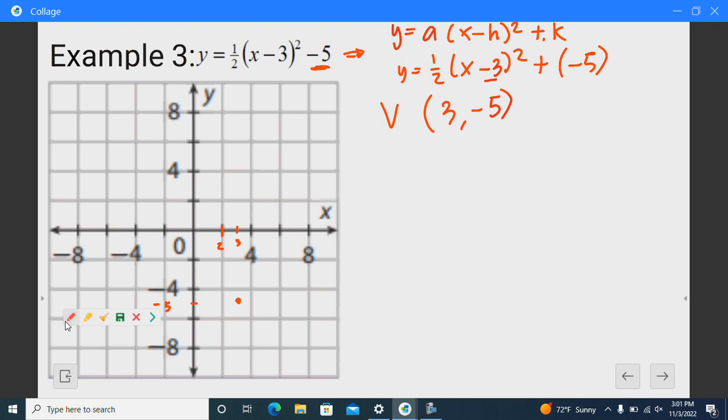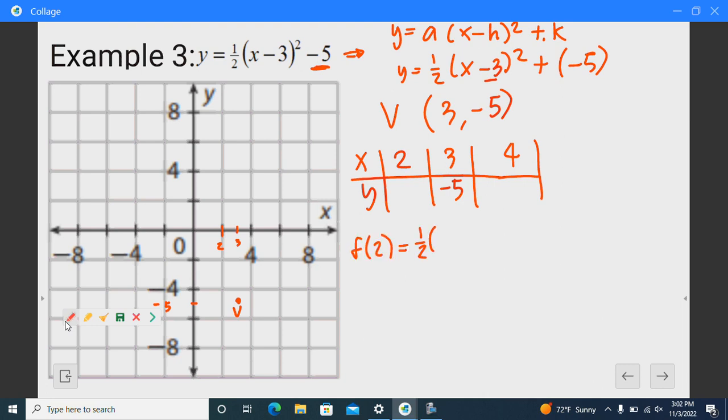This is our vertex. Now, let's have the table of values, x, y. Our vertex is 3, negative 5. The left side would be 2, and the other side would be 4. So let's have this. The a is 1 half. Our x is 2, therefore 1 half times 2 minus 3 squared minus 5.